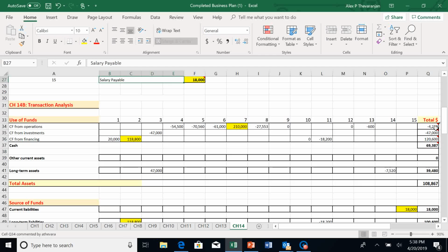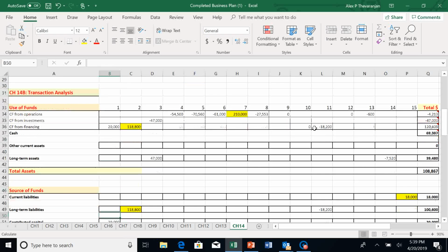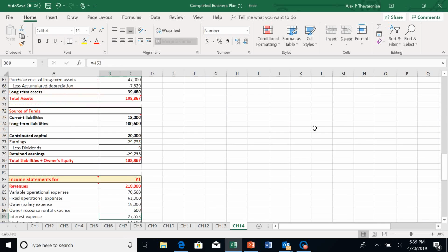And from operations, you just go here and you list them. You ask, well, what is this? This is for your startup expenses, and this is your variable cost, this is your fixed cost, this is the money that came in.